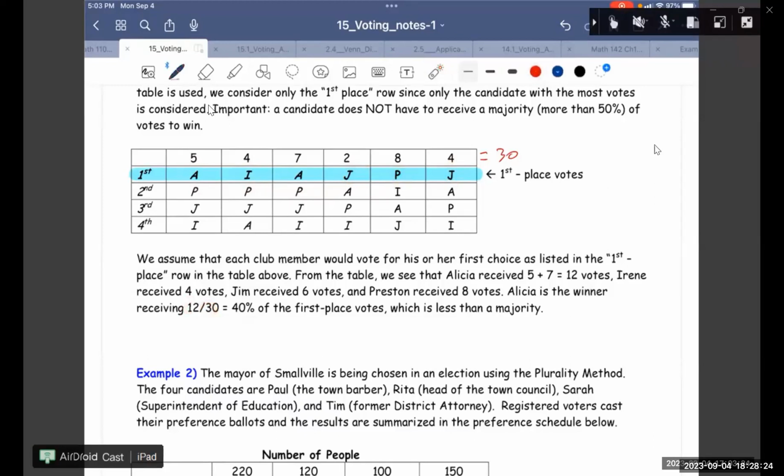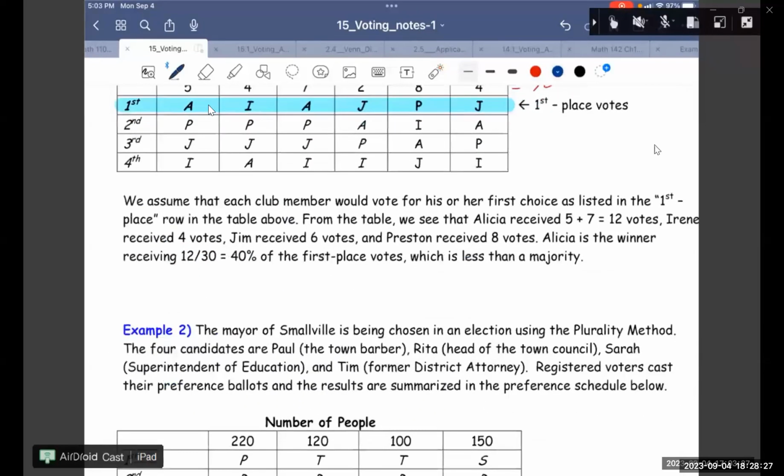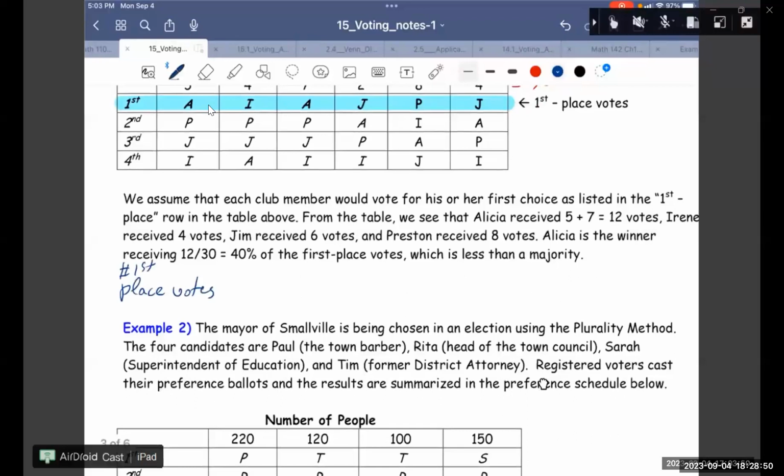So we can put in here the number one, or first place, votes. For Alexa, that means 5 plus 7, so that's 12. Jim is 2 plus 4, which is 6. Irene is 4. And Preston is 8.